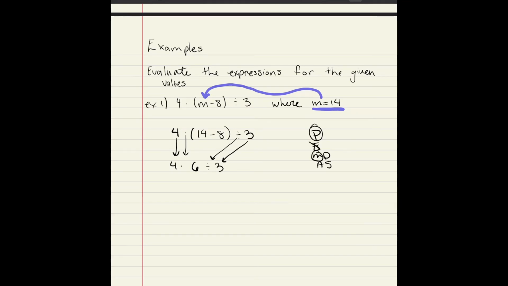I do have multiplication though. So 4 times 6 equals 24. Bring down my work, divided by 3. I have division. So 24 divided by 3 equals 8. And that's my final answer.